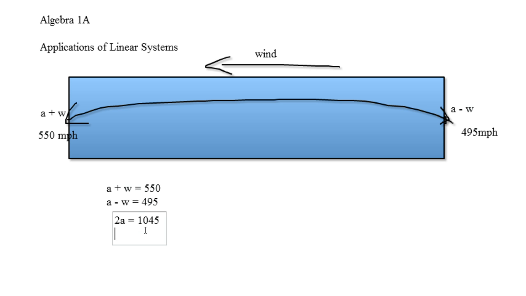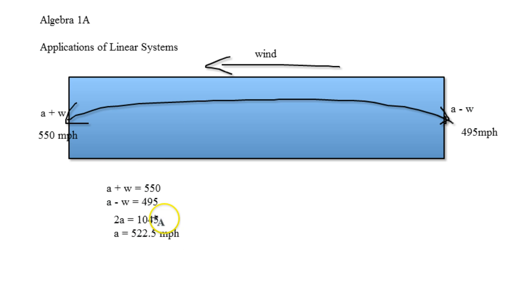If I divide both sides by 2, I get A equals 522.5 miles per hour. So the plane's speed was 522.5 miles per hour.